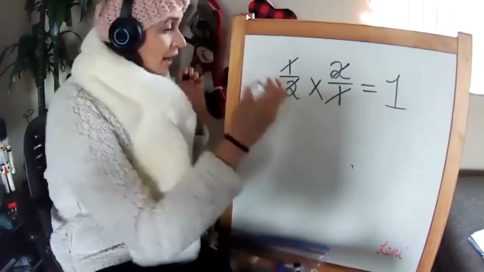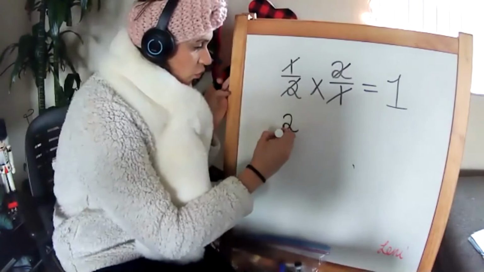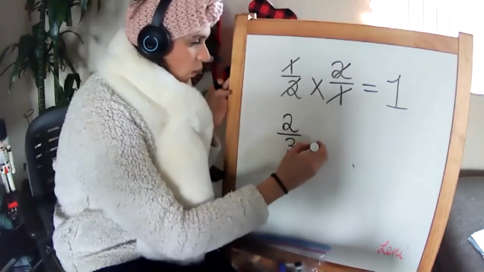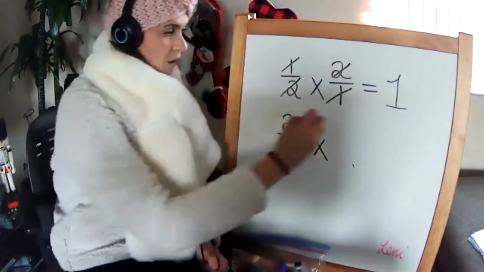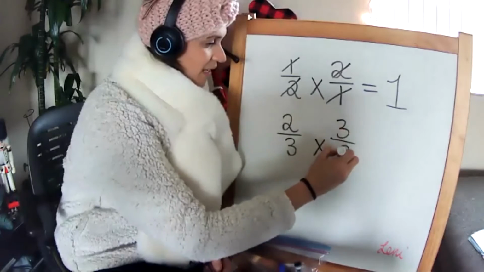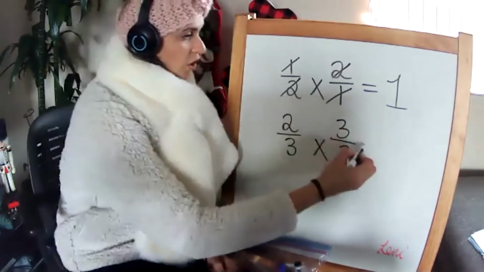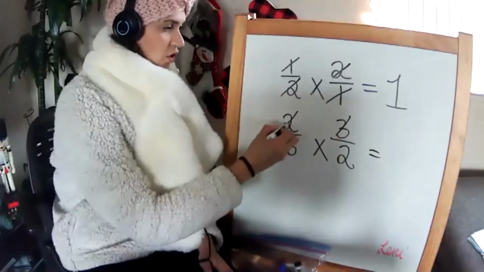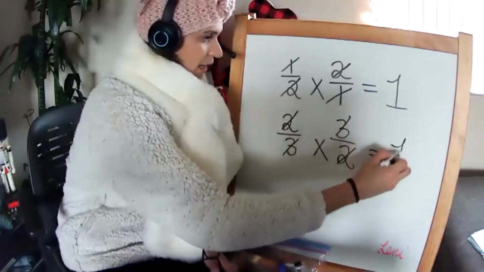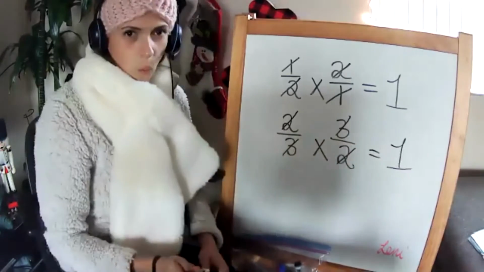So if I had 2/3, what's the reciprocal of 2/3? 3/2. How do I test that it's a reciprocal? Everything should cancel out. The 3 cancels out with the 3. The 2 cancels out with the 2. And I get an answer that is 1.